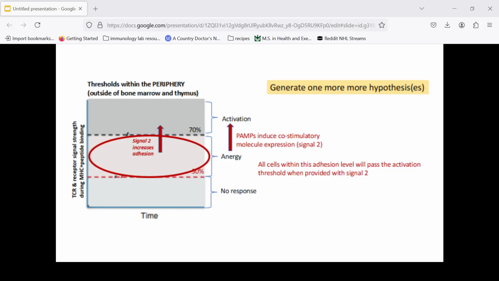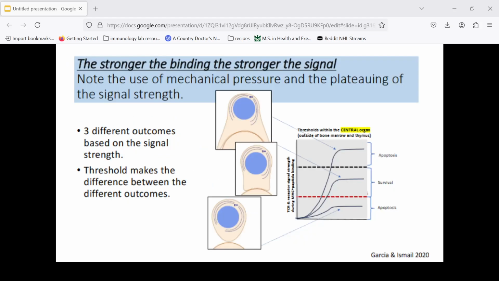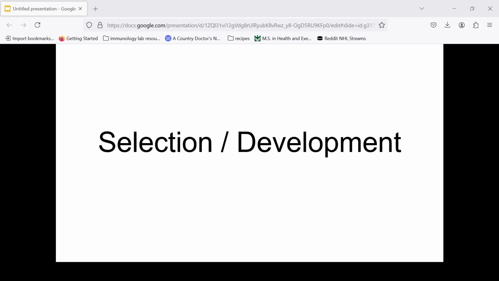I will say there's no set positive and negative limit. So people have different thresholds, and that kind of determines how broad or how narrow their diversity of binding is.